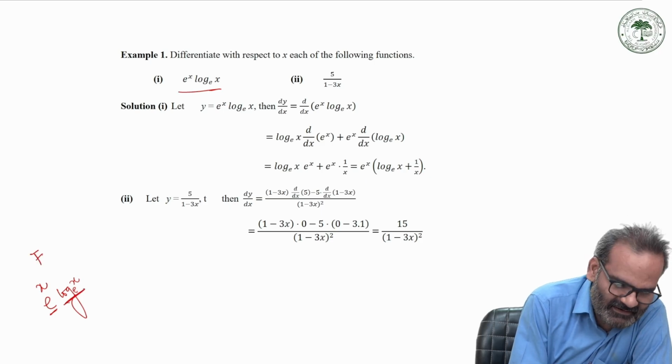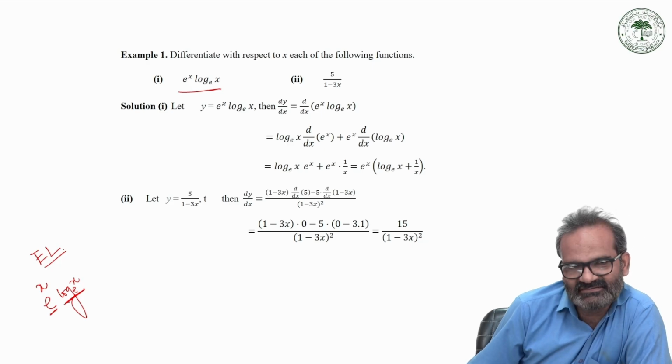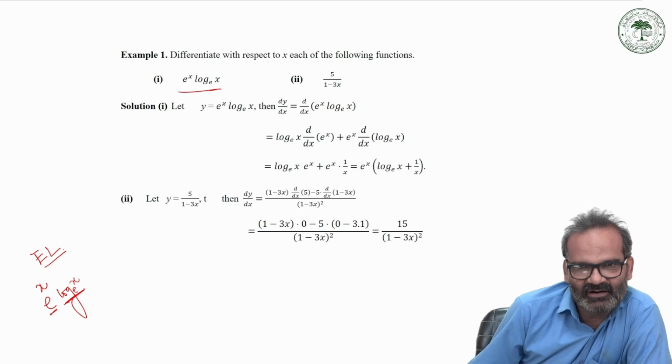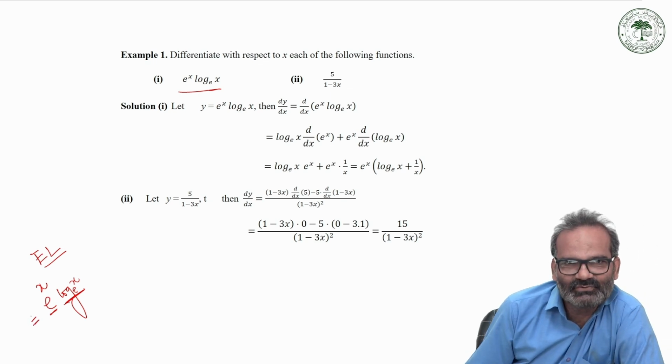So an exponential function is being multiplied with a logarithmic function. Now you can use the product rule.